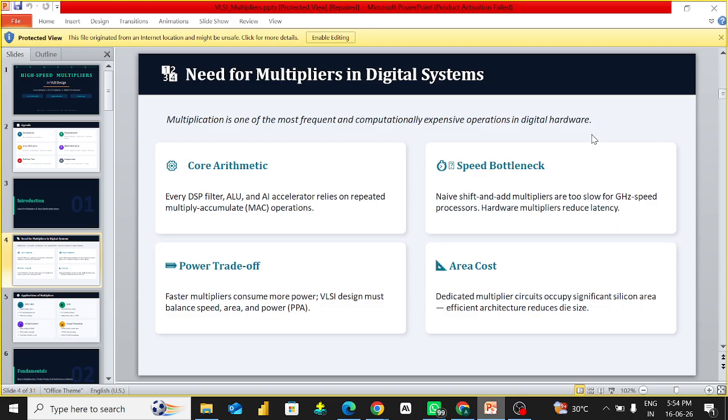Ultimately we get 30, but instead of multiplication you are doing repeated addition. So this will become extremely slow. That's why dedicated multiplier circuits are used.